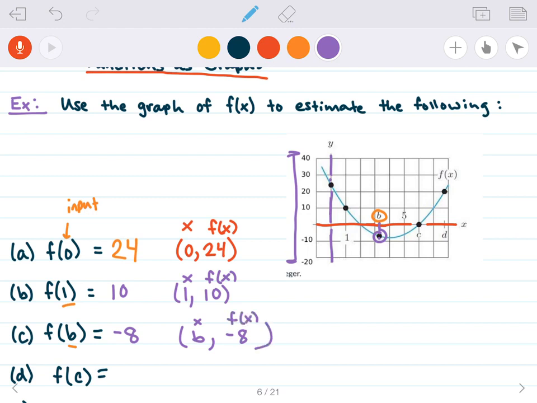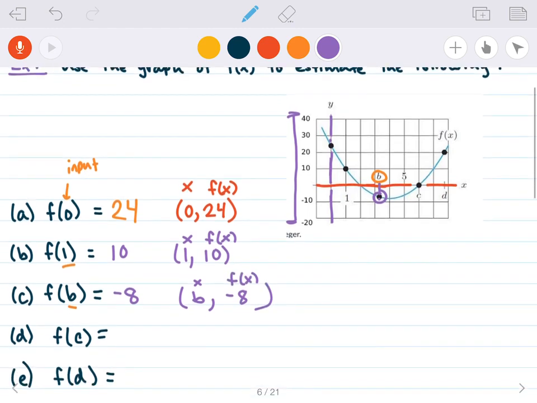Okay. All right, next one is f of c. So again, we look for it on our horizontal axis. That's right here. And where does it hit the curve? Well, it hits it at a vertical value of 0, right? So this is going to be 0 height. So our ordered pair is c, comma, 0.